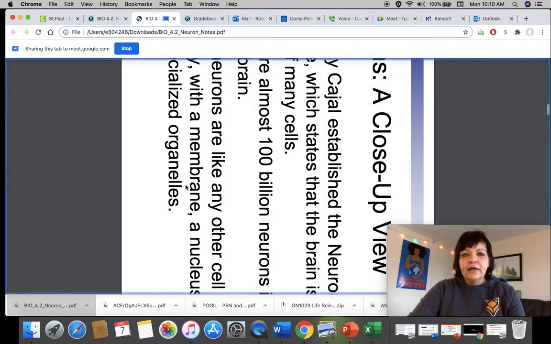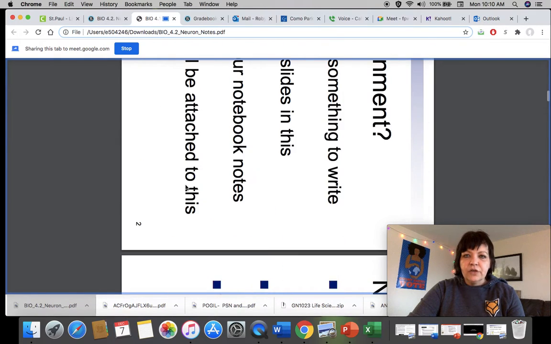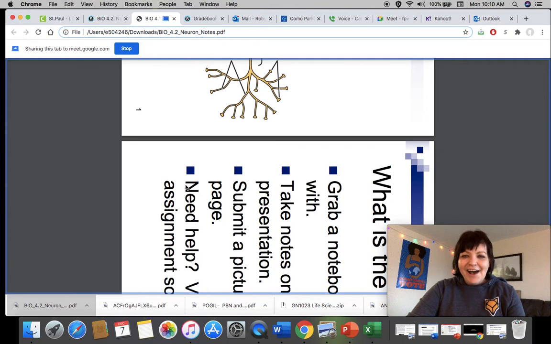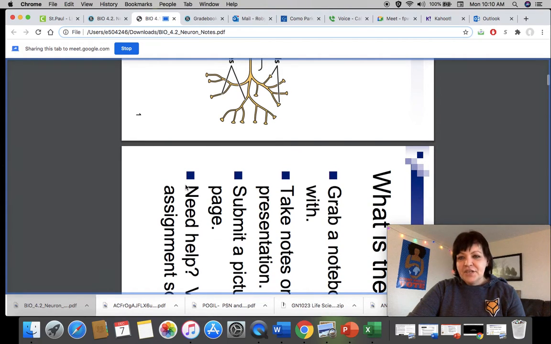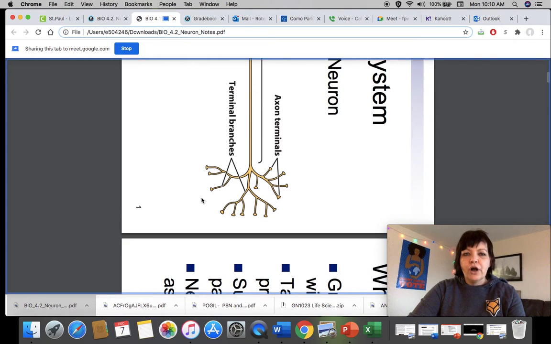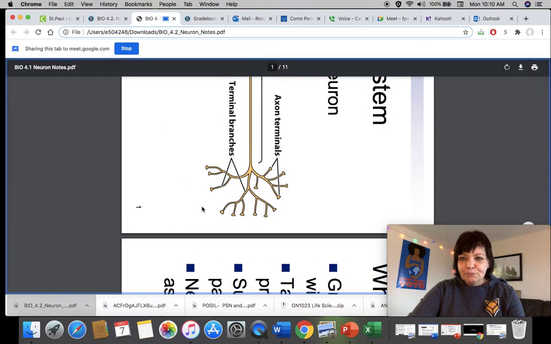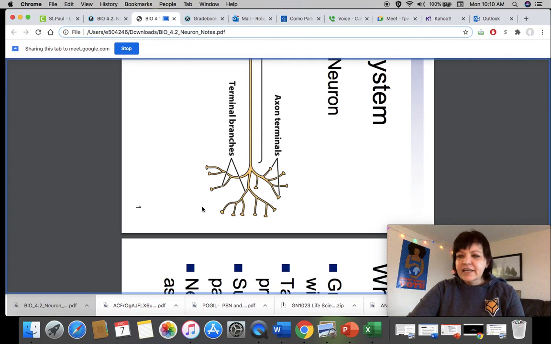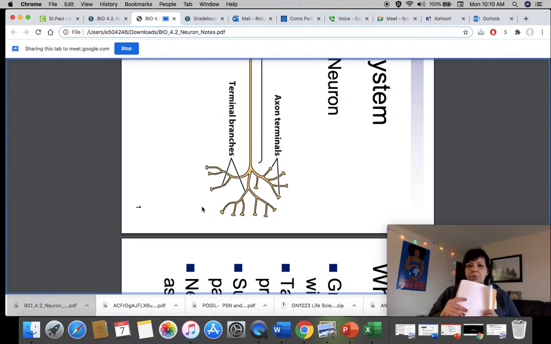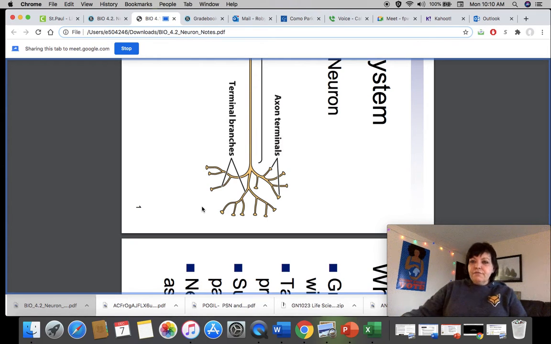All right, I'll try to fix that because I know that's annoying. You'll just write these down. You already drew a neuron last week, so you don't need to worry about drawing them. Like I said, this will take you a while. You'll snap a picture of your notebook and then submit it for points for that assignment.